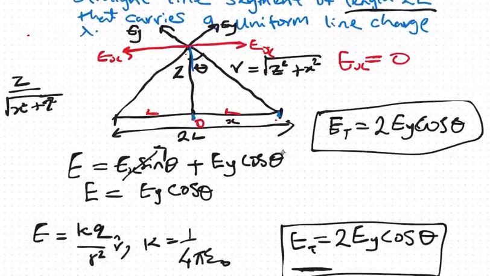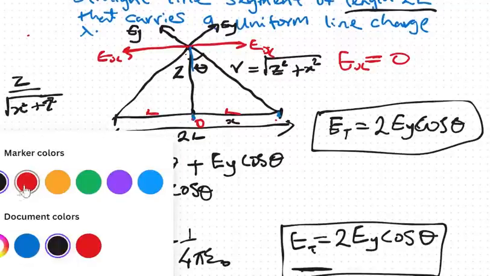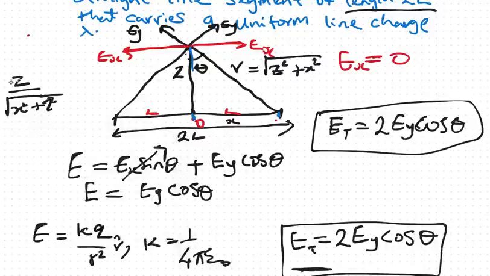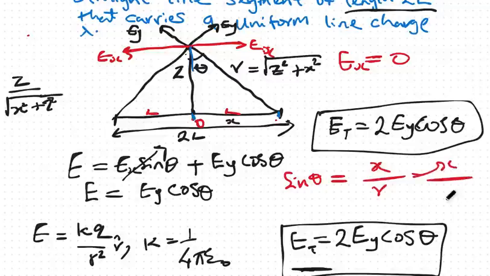From this triangle, we can say that sine theta is opposite over hypotenuse, that is x divided by r, which is the same thing as x divided by the square root of x squared plus z squared.